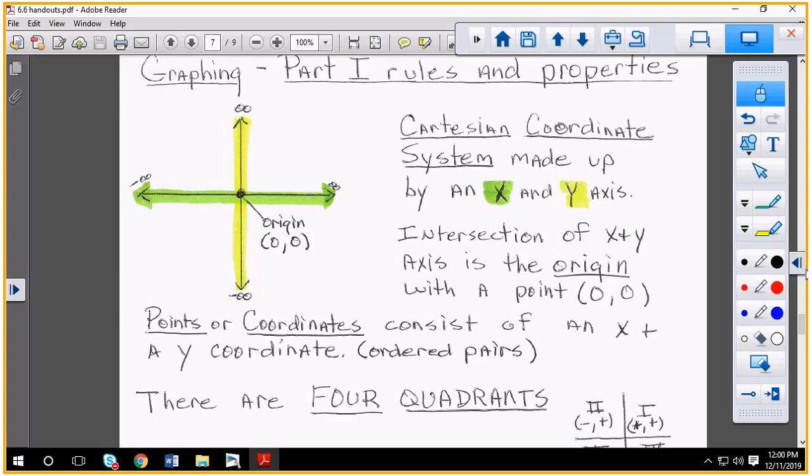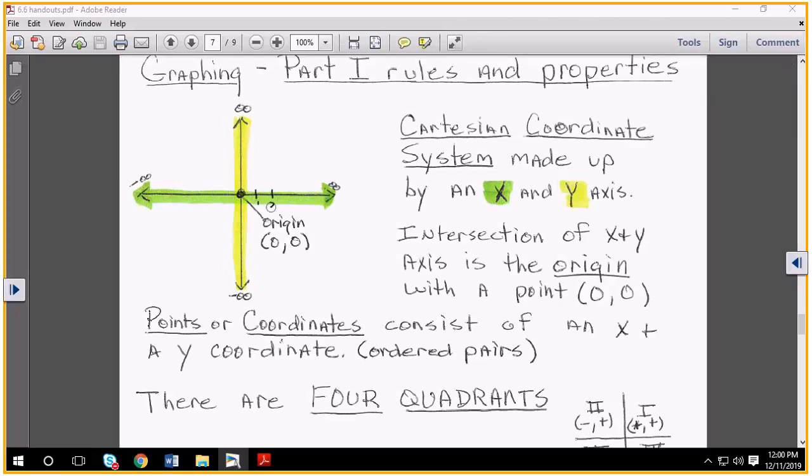If I decide to plot a point, and let's say that this number line is 1, 2, 3, 4, 5, -1, -2, -3, -4, -5, and the same going up and down, and I decide to plot a point at 4, 2, then I know that the 4 is in the x position and the 2 is in the y position.